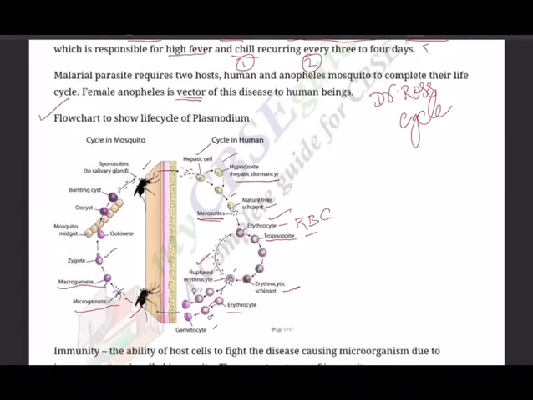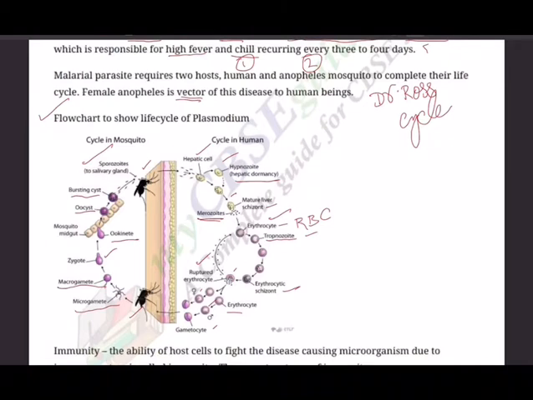In the midgut of the mosquito, the zygote becomes ookinete, and this becomes oocyst, and the oocyst now bursts by itself. A lot of sporozoites, these are the dangerous fellows, are released, and these sporozoites enter into the salivary gland of the female Anopheles mosquito.